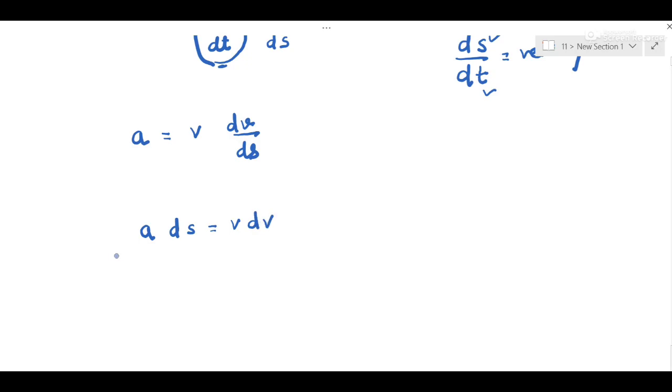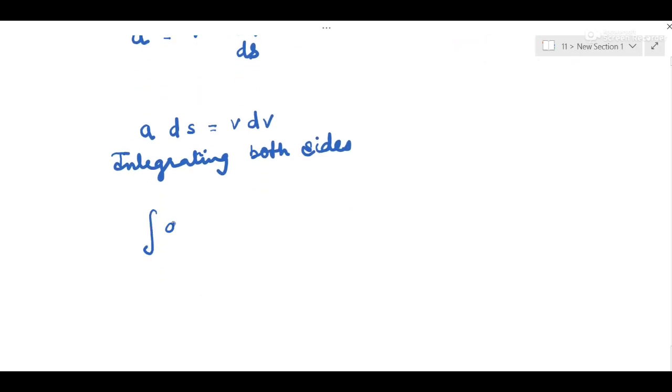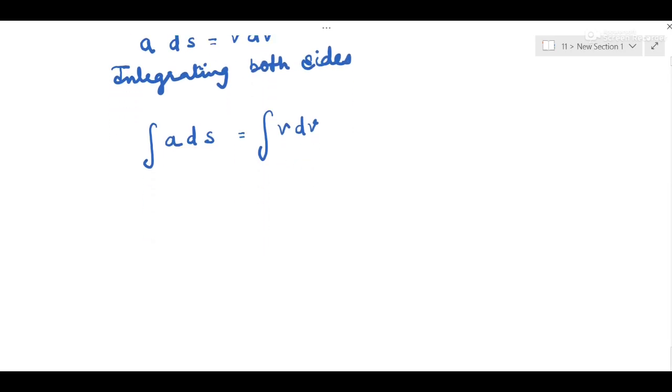So now we will integrate both sides. Here we put the limit 0 to s because it is integrated with respect to s, and here we'll put the limit of velocity, which is u to v.